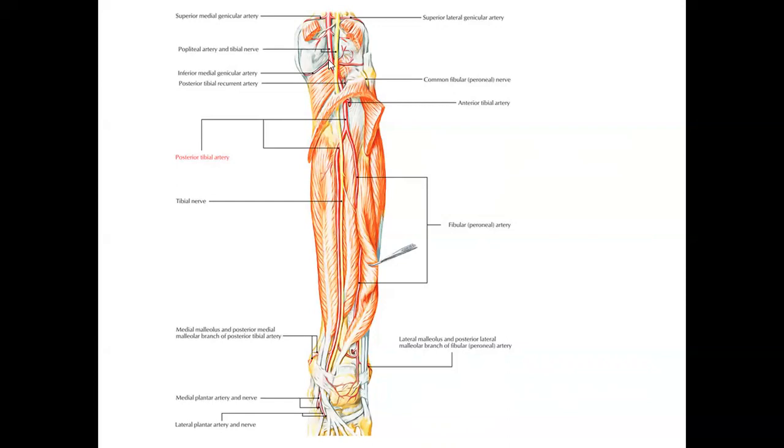After the popliteal artery divides into two branches, the posterior tibial artery passes deep to this tendinous origin of the soleus muscle, as you can see here. Then in the leg, it runs downwards along with the tibial nerve.